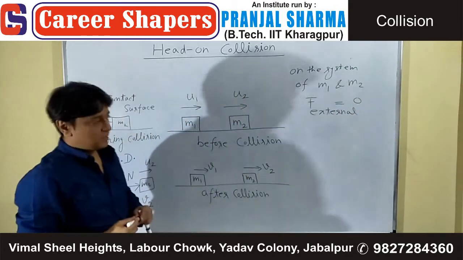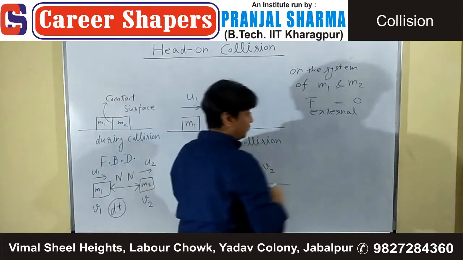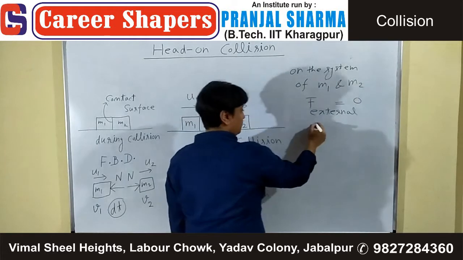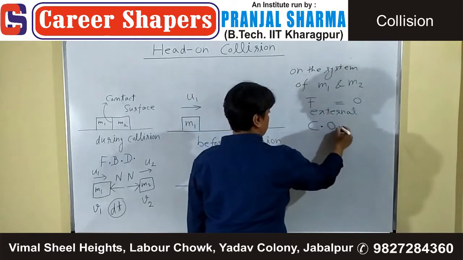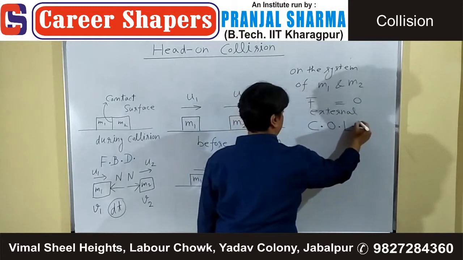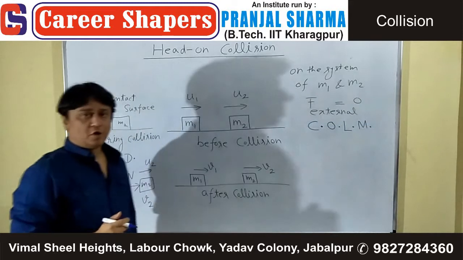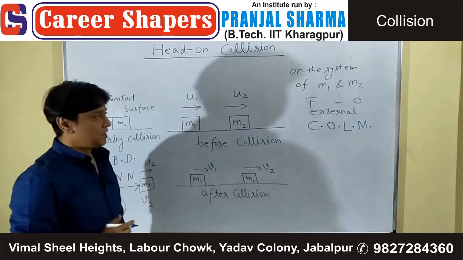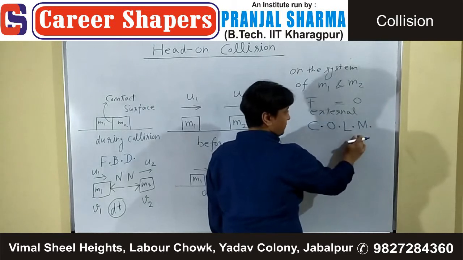And now we know that if F external is 0, there is no external force. If there is no external force, I hope you remember this, COLM. What is COLM? Conservation of linear momentum.